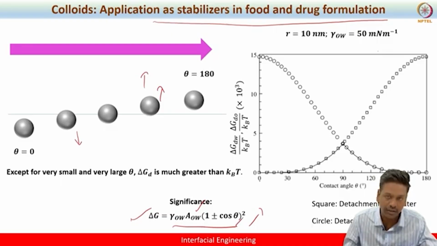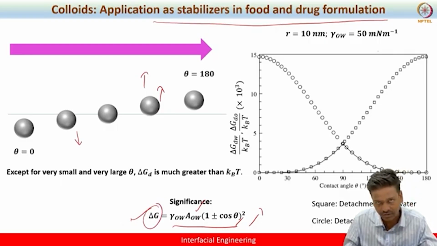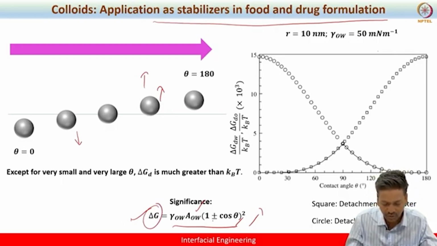And theta, right? By varying theta, see how this delta G detachment varies. The 1 plus or minus cos theta indicates that for delta G detachment into water, the equation is 1 minus cos theta, whereas for delta G detachment into oil, it will be 1 plus cos theta, right?